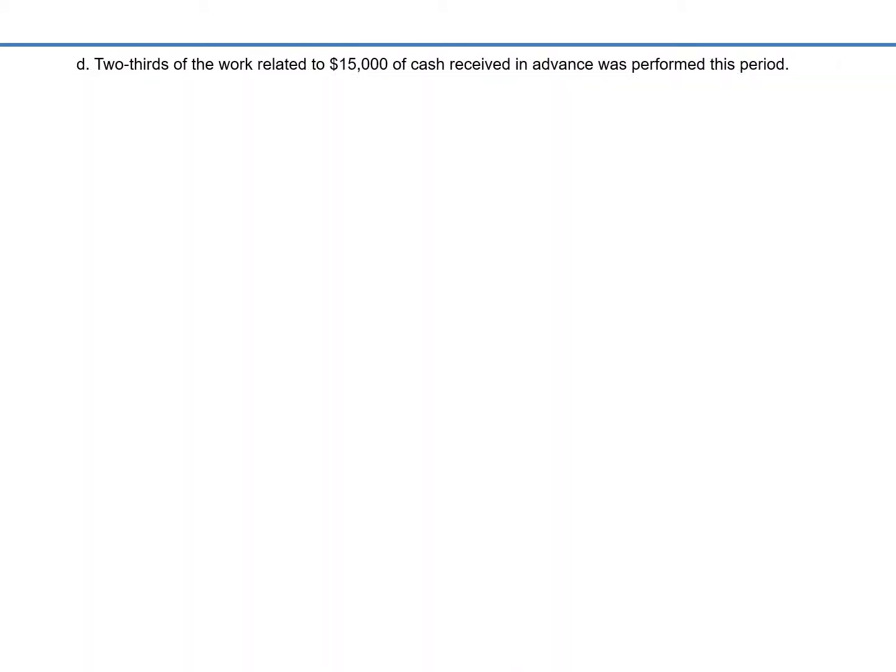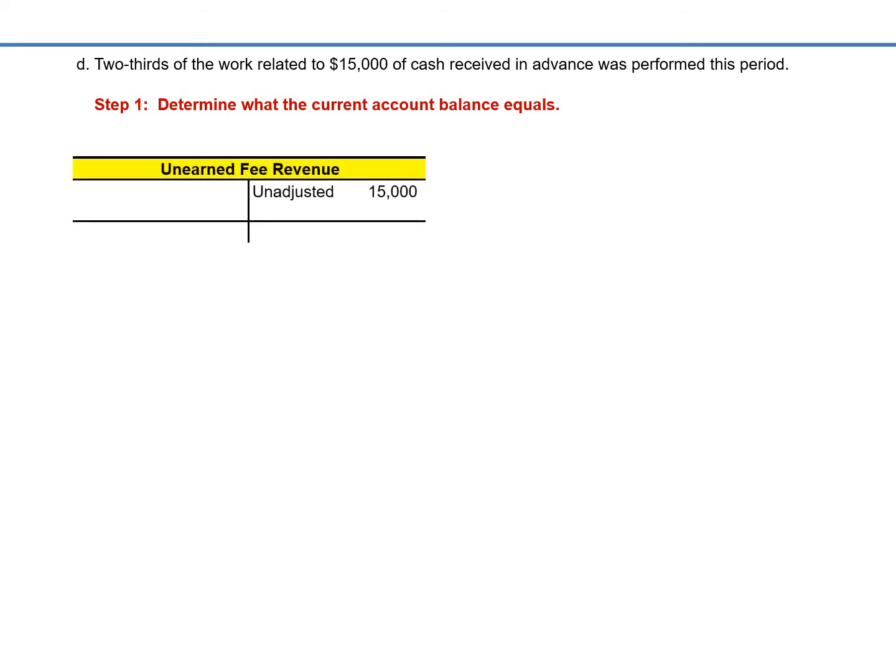In letter D, 2/3 of the work related to $15,000 of cash received in advance was performed this period. So our account balance equals currently $15,000 in our unearned fee revenue, right? And they tell us 2/3 of the work was performed, so that means 1/3 remains. 1/3 of 15,000 is $5,000, right?